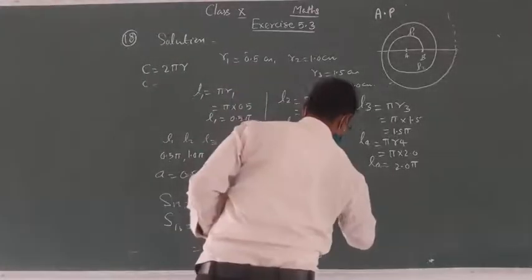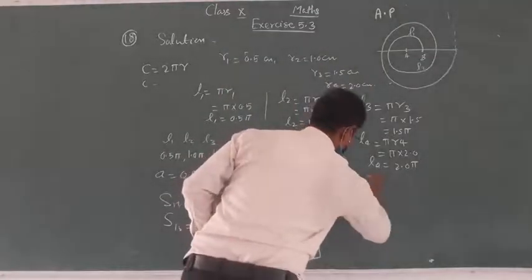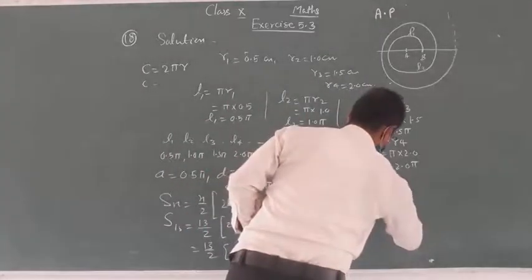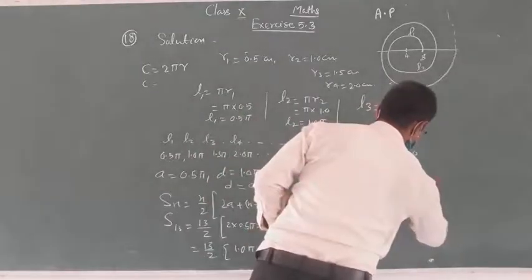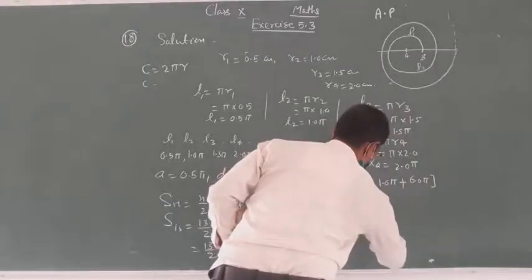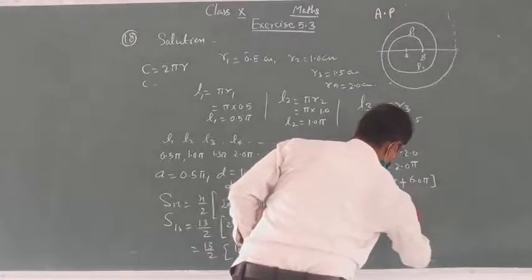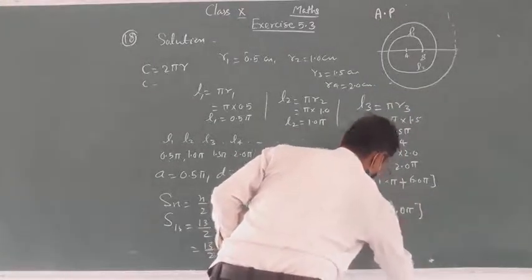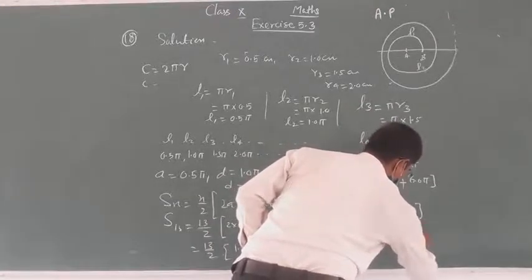So S13 is equal to 13 upon 2 into (1.0 pi plus 6.0 pi). So 13 upon 2 into adding 7.0 pi is equal to 13 upon 2 into 7.0 pi, which is 22 upon 7.